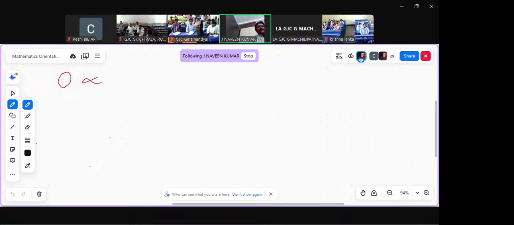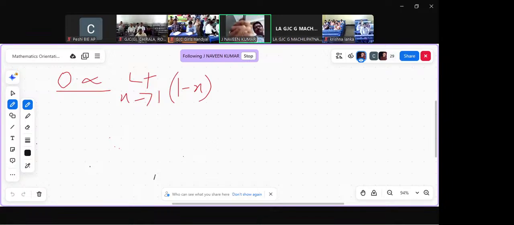I am writing one question regarding that. If the question is in the form of 0 into infinity, the question is limit x tends to 1, (1 minus x) into tan pi x by 2.